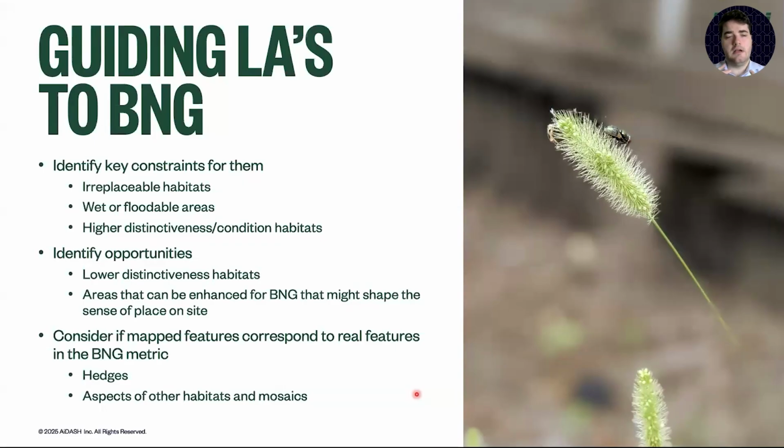So really knowing how the BNG metric is designed and the space within it that you have can be very useful. And I've got an example of that later with playgrounds. And that means that you might see what the landscape architect's done and go, no, we can do this, but we don't need to map every detail of this. Part of that can be a part of a larger habitat, or the habitat can be larger because it includes these areas as part of its condition or whatever.